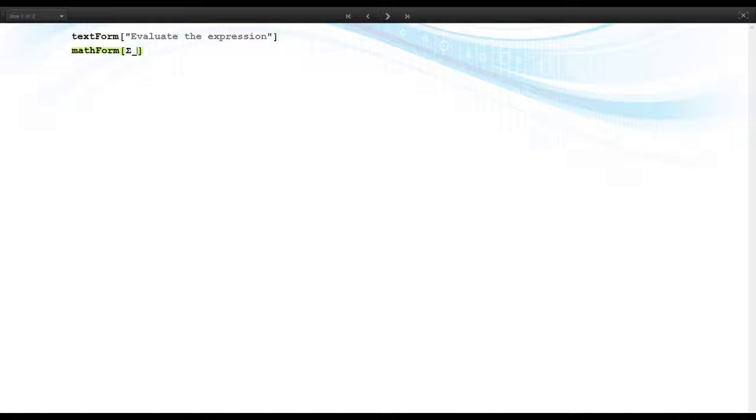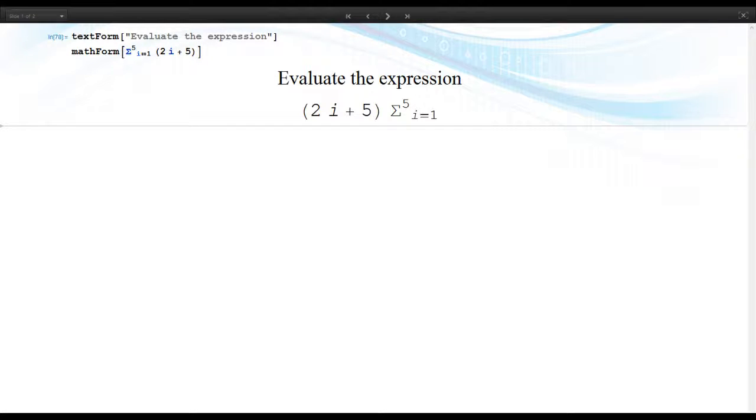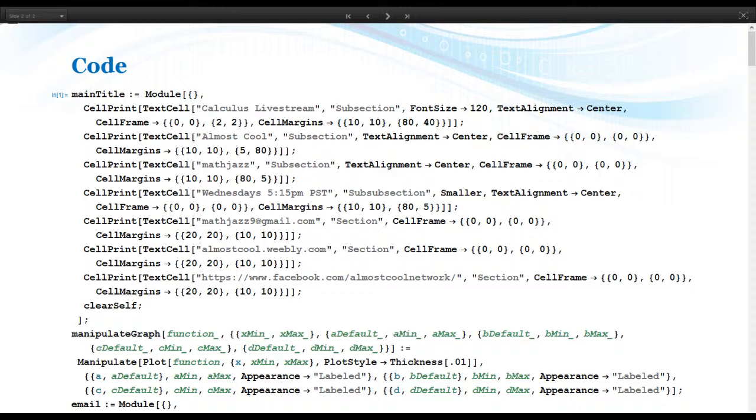the sum from i equals 1 to 5 of 2 times i plus 5.